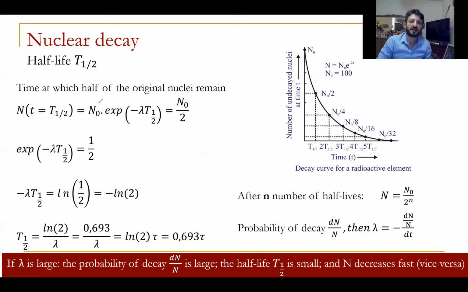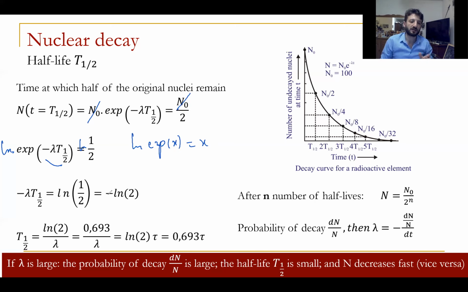Here we can eliminate N0 with N0, exponential minus lambda t half equals half. To calculate t half, we multiply by ln on both sides. You know, ln exponential x equals x. So we get minus lambda t half equals ln half. Ln half equals minus ln 2.